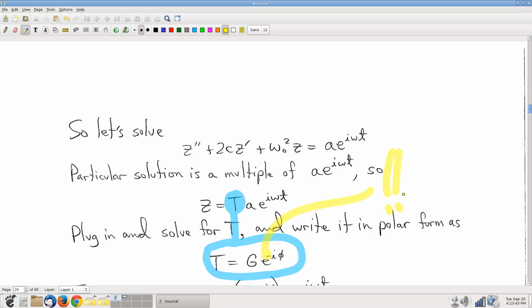We're going to have use for that minus sign, so put that minus sign in there. But other than that minus sign, this is just polar form. This is just saying that, look, if you have a complex number, that complex number can be thought of as real plus imaginary, but it can also be thought of as magnitude times e to the I theta. And that's all that we have here.